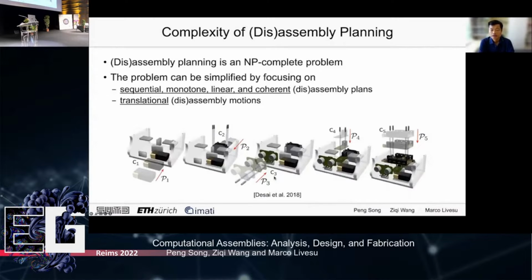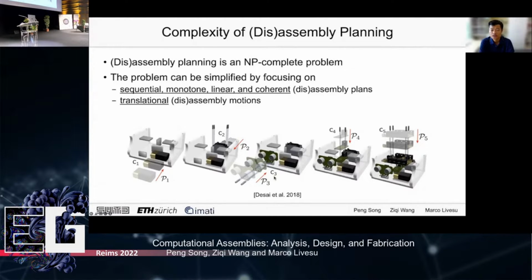Disassembly planning is an NP-complete problem. To simplify the problem, people focus on the simplest disassembly plans, which are sequential, monotone, linear, and coherent. They may also focus on simple motions, such as translations for the disassembly. These assumptions significantly simplify the disassembly planning problem.